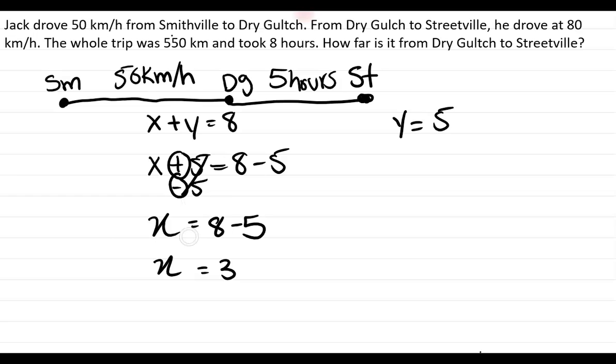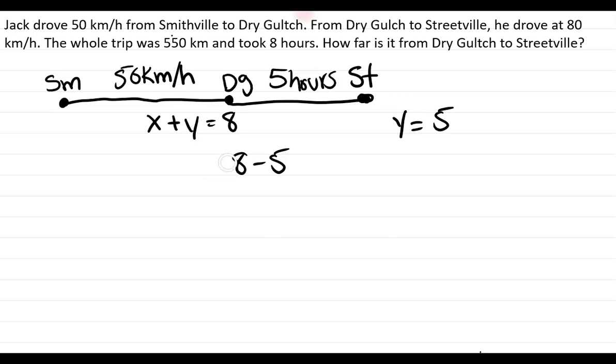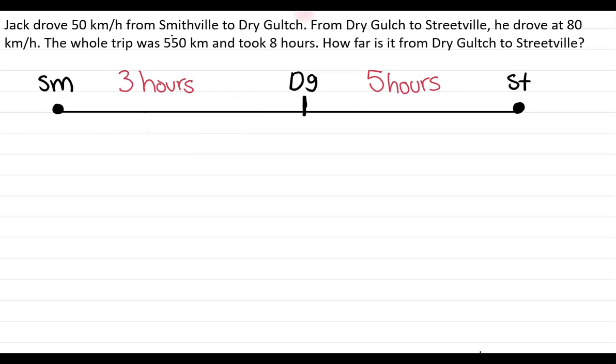And this tells us that the amount of hours driven when Jack was driving 50 kilometers per hour was 3. So here we can write 3 hours. And now we're being asked how far it is from Dry Gulch to Streetville.